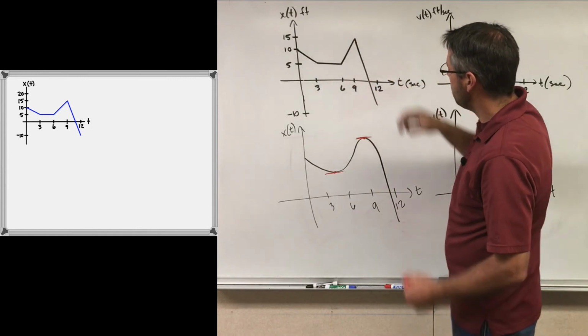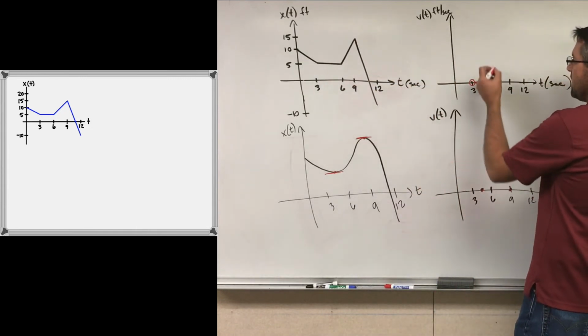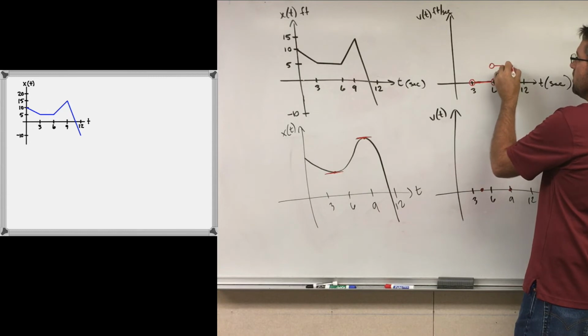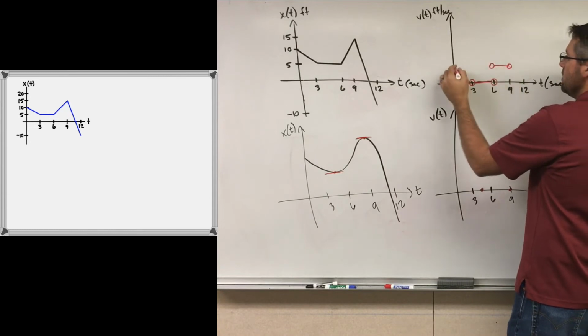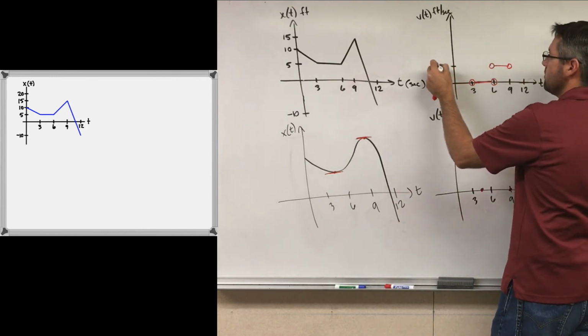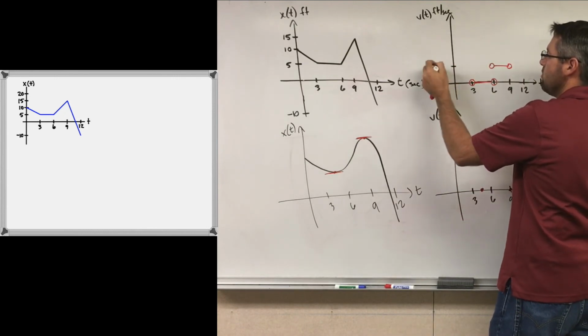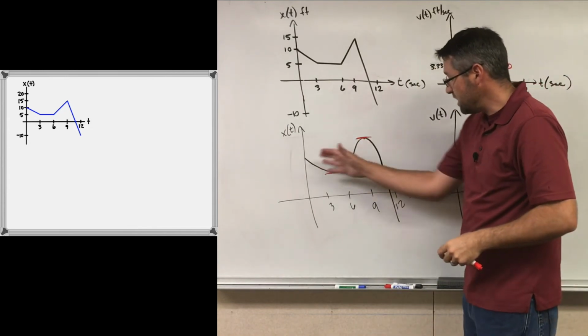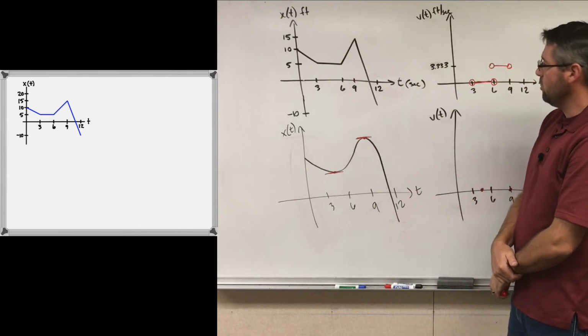That's 10 over 3. So we can actually say that the slope from 6 to 9 is 3.333 feet per second. All right. And then down here, it's going to look a little bit different.